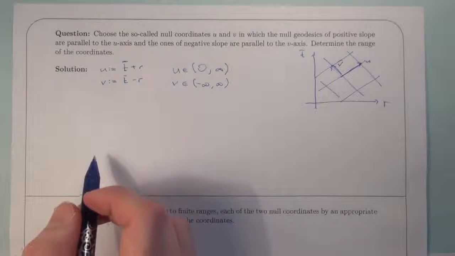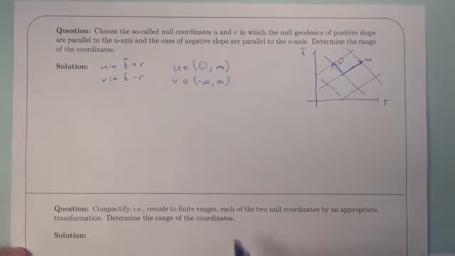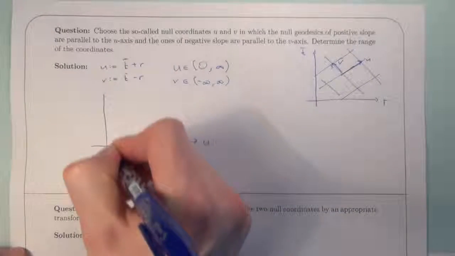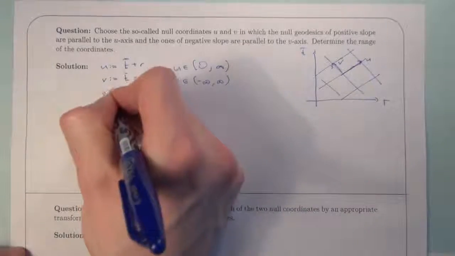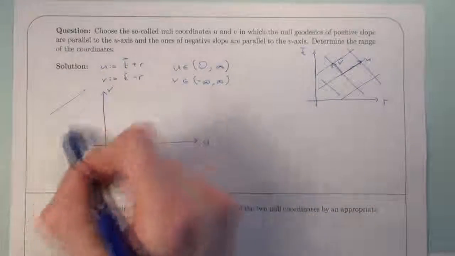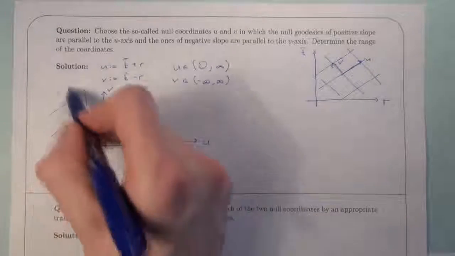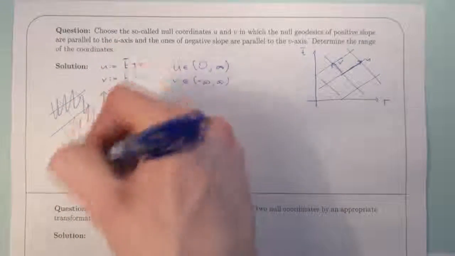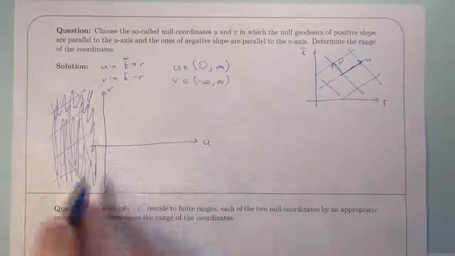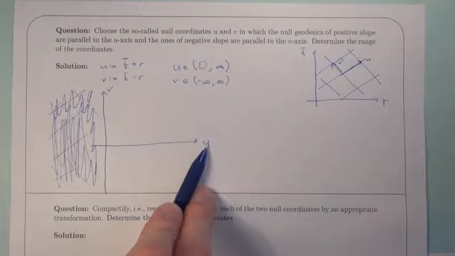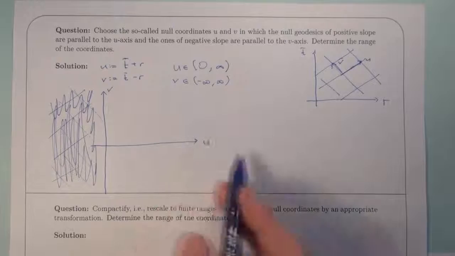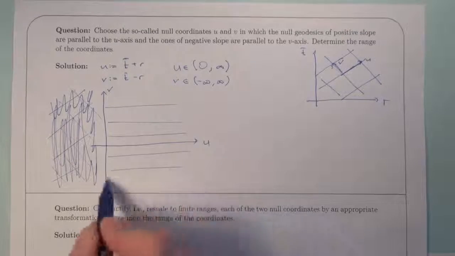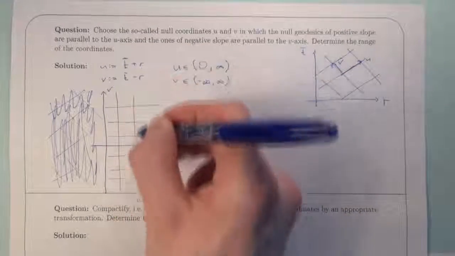Now we have to draw the diagram, and that means I want u on this axis, so here is u, that is v, and we can exclude this area. Maybe I have to do it somehow like that, otherwise you can't tell what that means. So u is larger than 0, and we know that the geodesics now look like that. So that's the first direction, and these are the others.